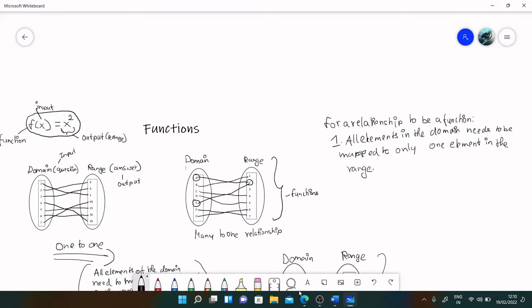Not more than one, not less than one. One-to-many relationships are not accepted.